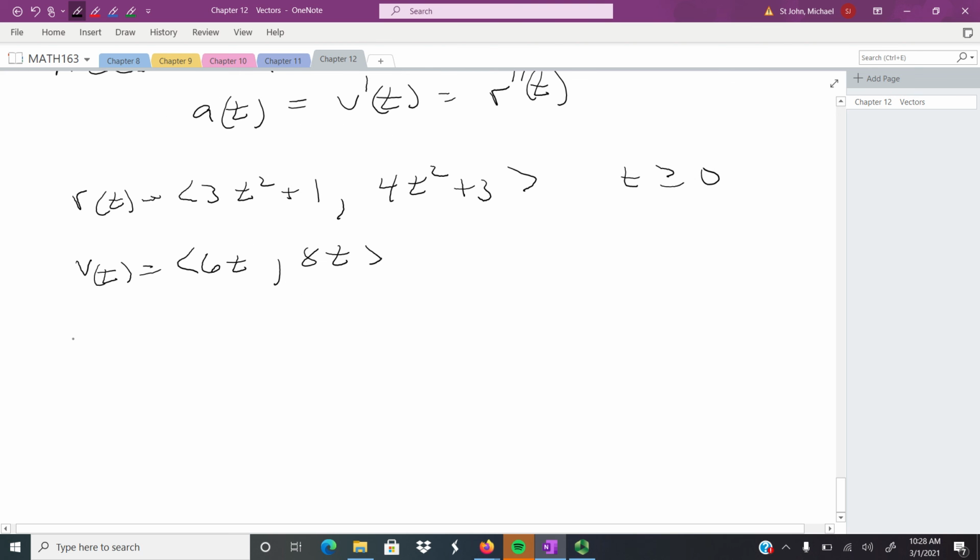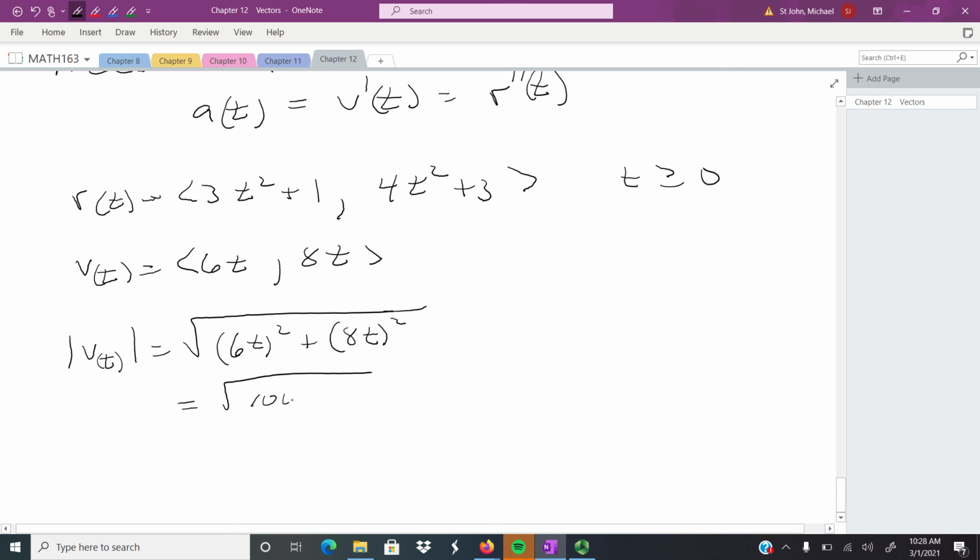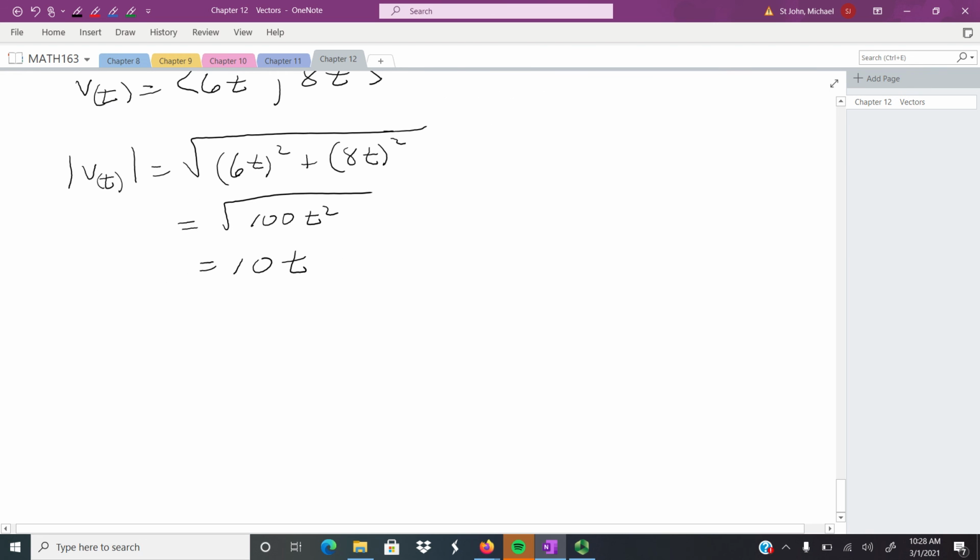And then the magnitude of this is going to be the square root of 6t squared plus 8t squared, which is the square root of 100t squared, which gives 10t. And then my acceleration is going to end up being 6, 8 for that.